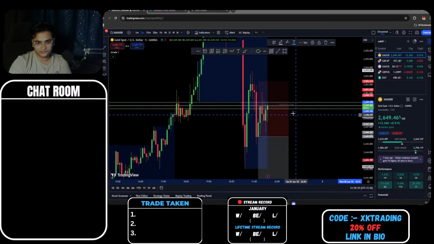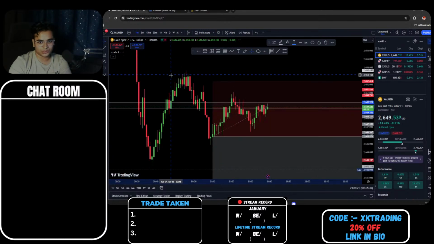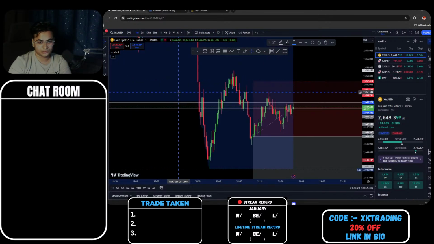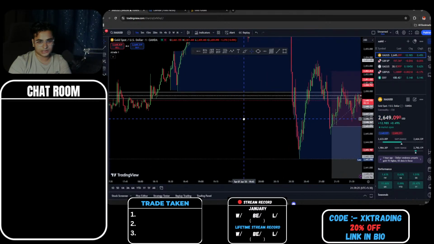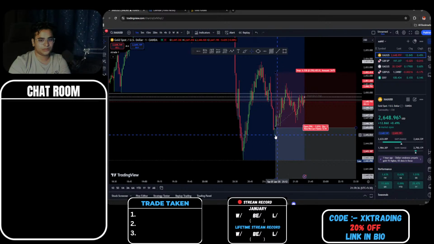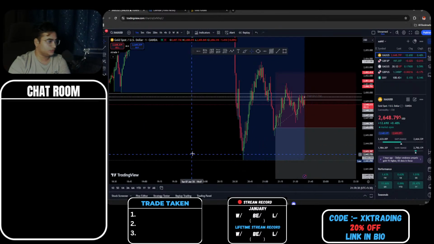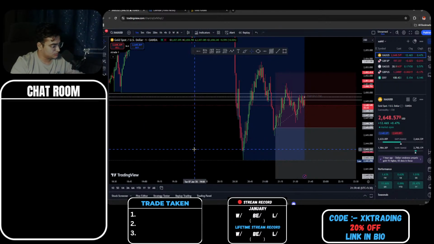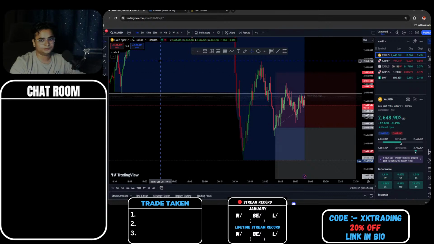Okay, 40 seconds. In 40 seconds we will know what price is going to be doing, because as I said, once we break above the structure, then there is a high chance that price will hit our SL. But once we break below this low, then there is a high chance that we're going to end up with this trade in profit as well.